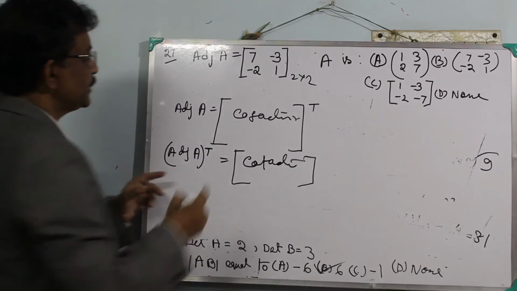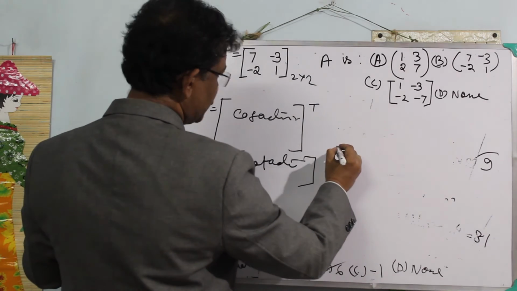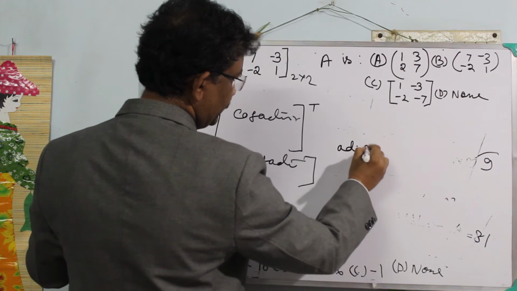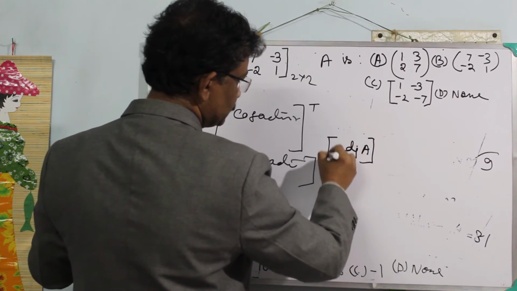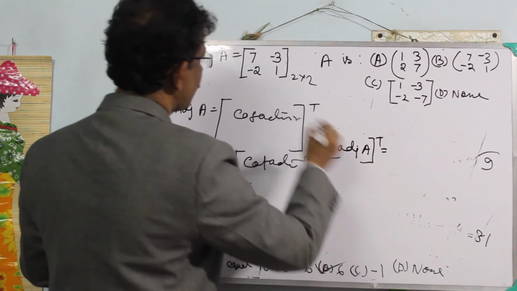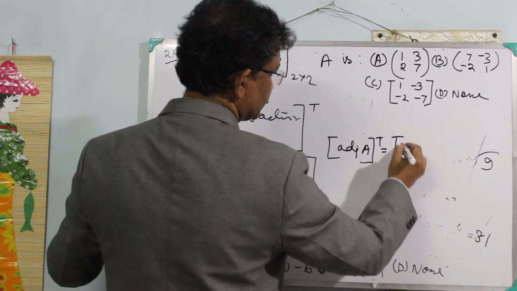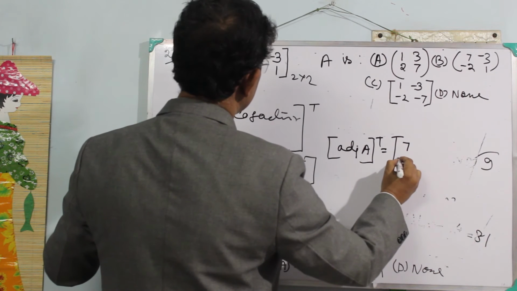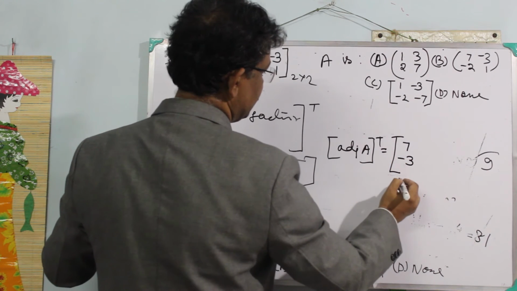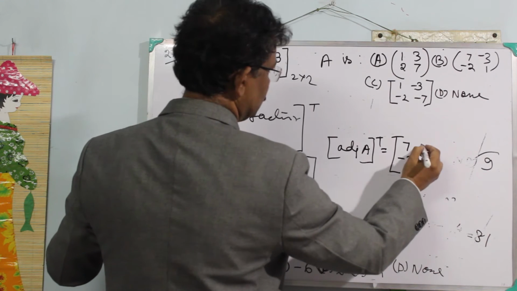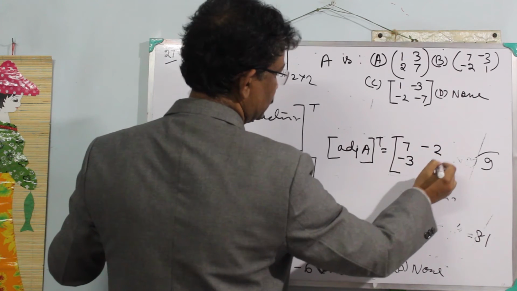So adjoint A transpose equals 7, minus 3, minus 2, 1.